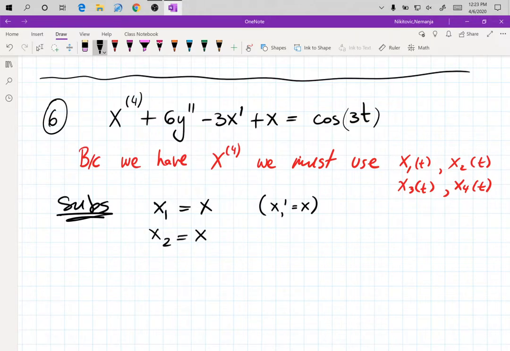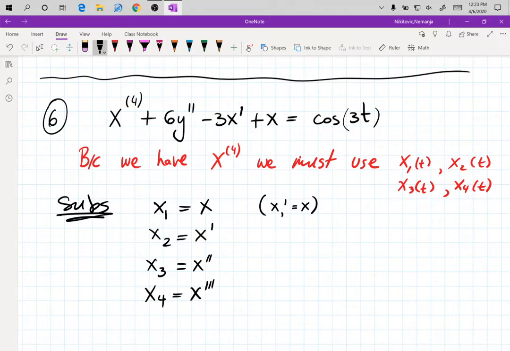x2 is going to be x prime. x3 is going to be x double prime, and x4 is x triple prime. Let's just start there. I could have defined x5 and x6, and this could be to any order.